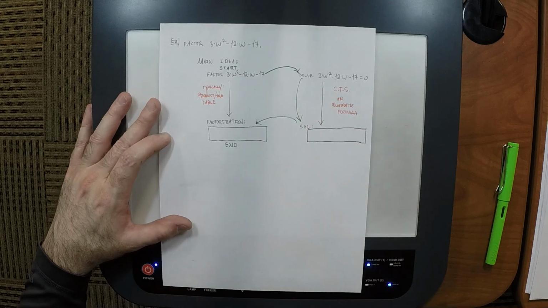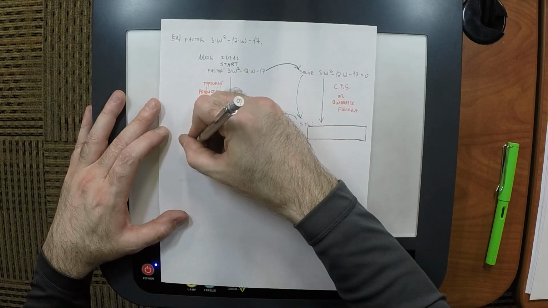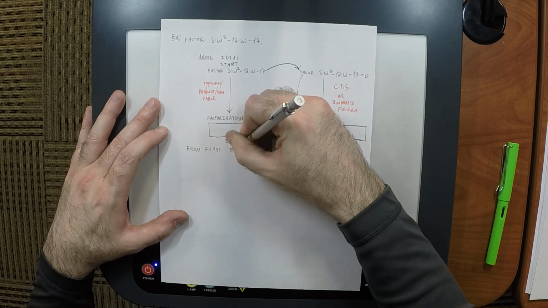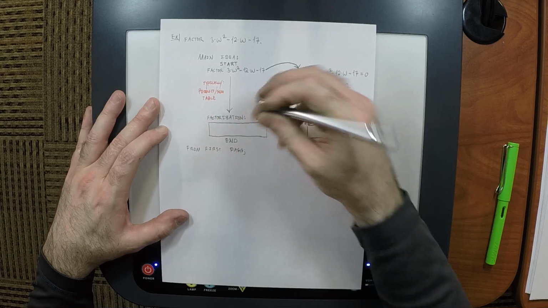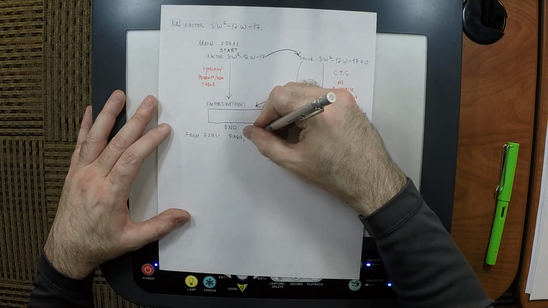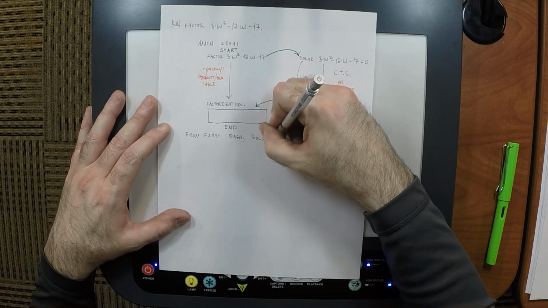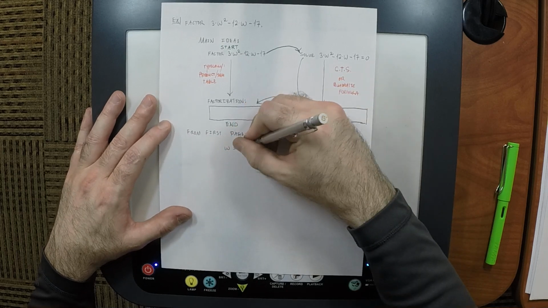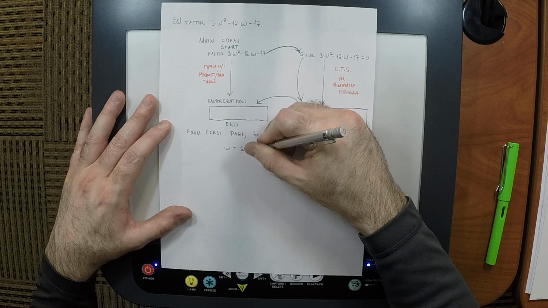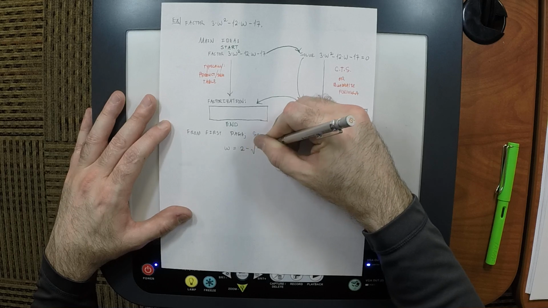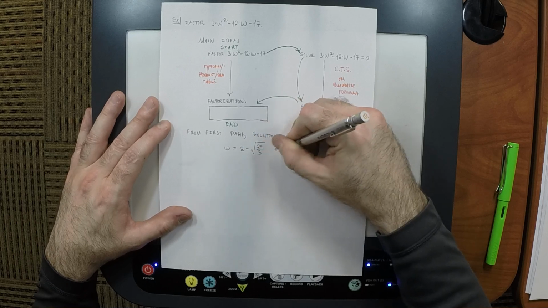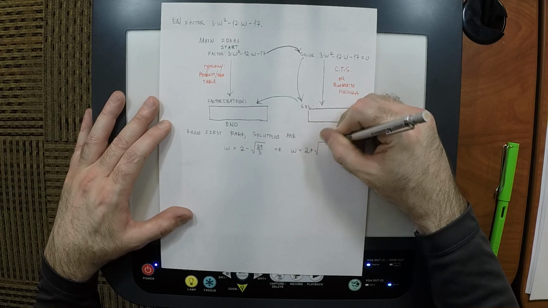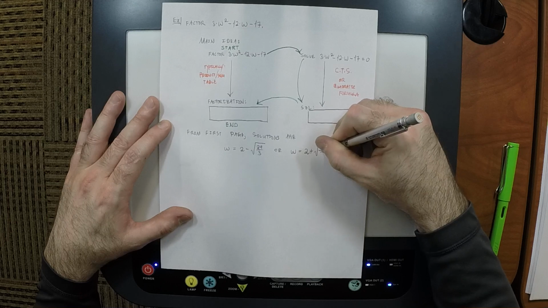From the first page of today, we know that the solutions are w is 2 minus the square root of 29 over 3, or w is 2 plus the square root of 29 over 3.